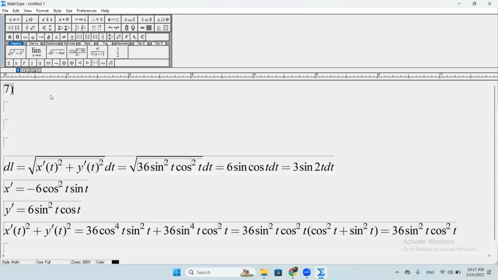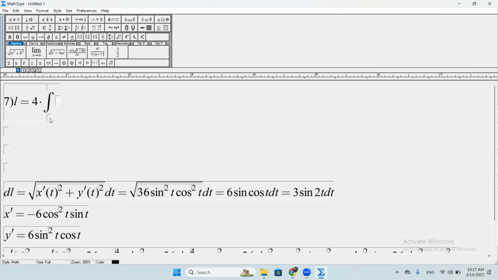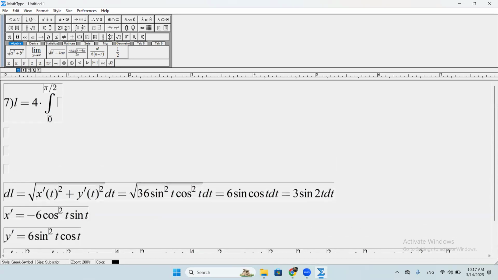And now let's integrate. So L will be equal to 4 times the integral from 0 to π over 2 of this expression.